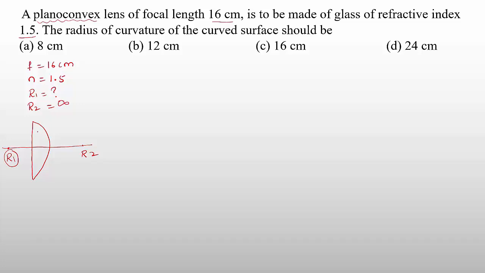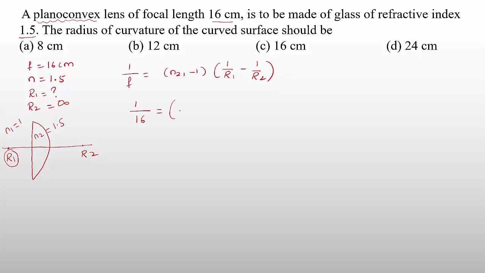Right, now directly we can use the equation 1 by f equal to (n21 minus 1) into (1 by r1 minus 1 by r2). Substitute the values. 1 divided by 16 equal to n21. Here this is a lens made of glass material. This is air. Air, let us take refractive index as 1. Here glass refractive index is given as 1.5.